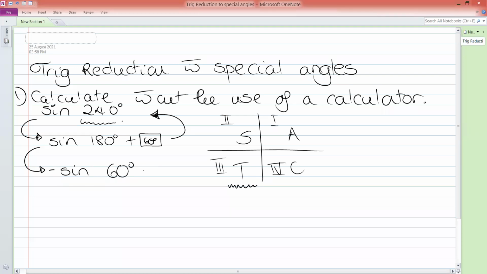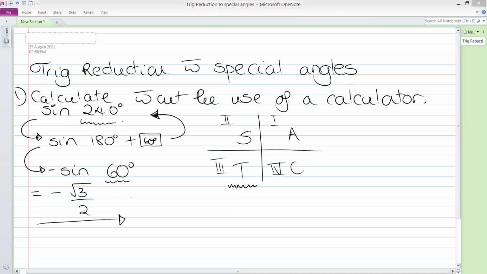Now, the trick with these questions is knowing what sine 60 degrees is in special angles. Since you have a negative sign there, this is also going to be negative, and sine 60 degrees as a special angle is root 3 over 2. So that's how we go from sine 240 to the special angle.